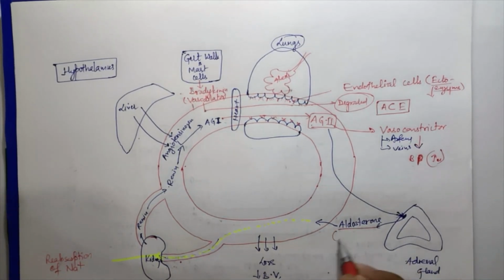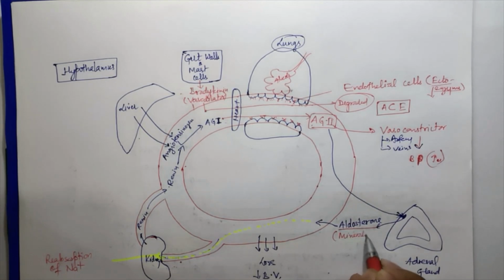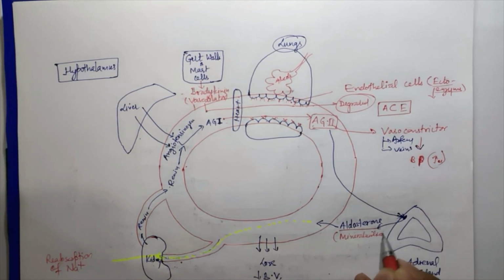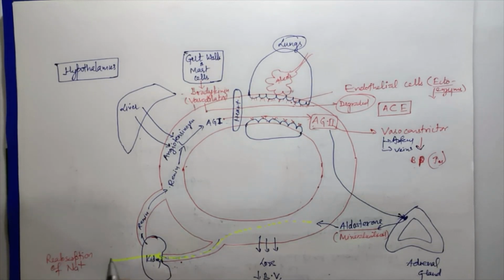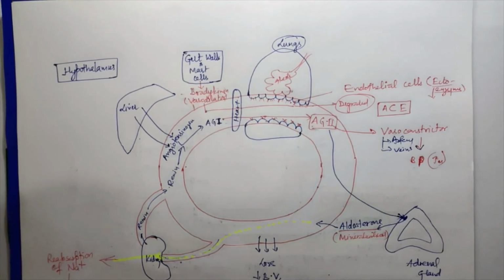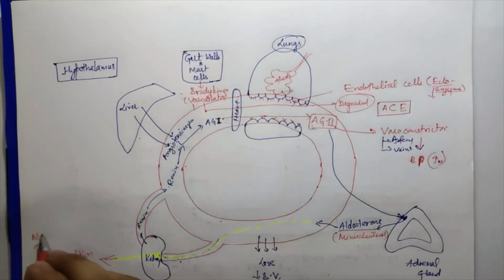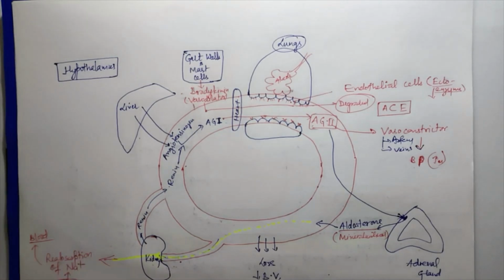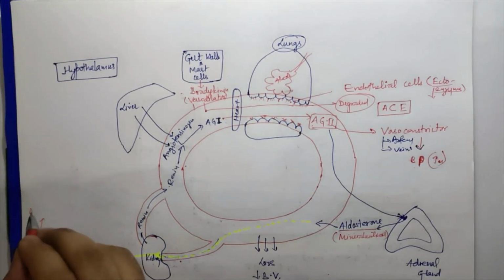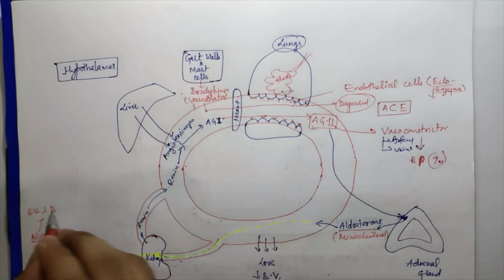Basically it is a mineralocorticoid, and this reabsorption of sodium ions, when triggered by the aldosterone hormone, ultimately attracts more water towards the interstitium from the primary nephric filtrate, and this is again reabsorbed back into the blood, and blood volume and blood pressure are maintained to a normal range.